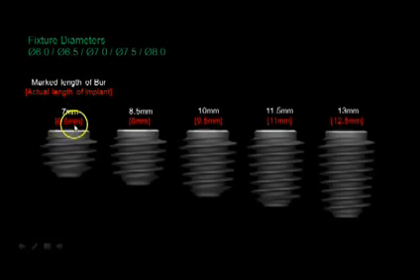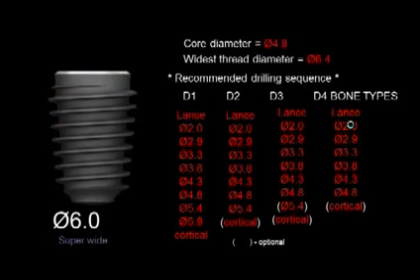However, remember, they're only a half millimeter shorter. 6.5, 8, 9.5, 11, 12.5. Okay? All right. 6.0, D1 bone, Lance 2.0, 2.0, 2.9, 3.3, 3.8, 4.3, 4.8, 5.4, and then 5.9, and cortical bone drill.